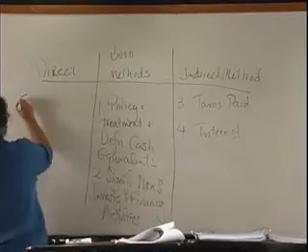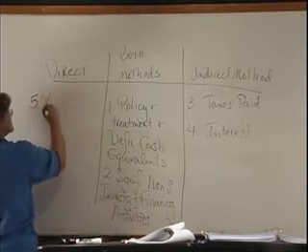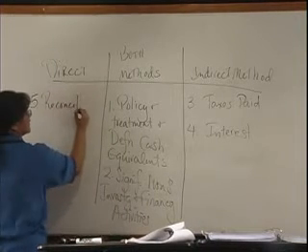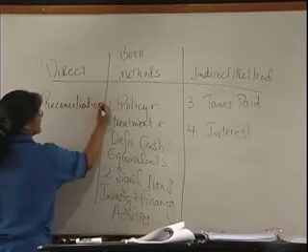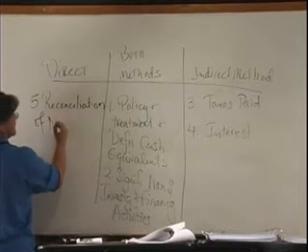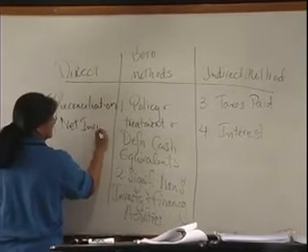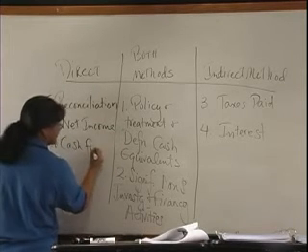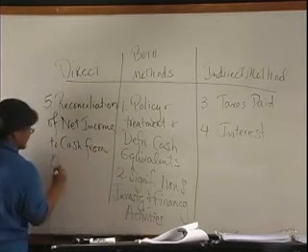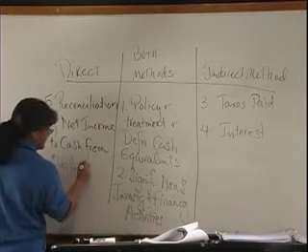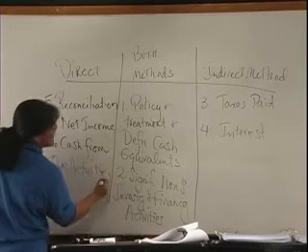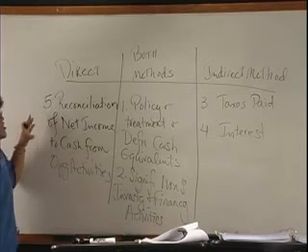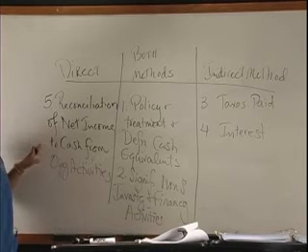For the direct method, they have to disclose a reconciliation of net income to cash from operating activities. Once again, they have to disclose a reconciliation of net income to cash from operating activities.